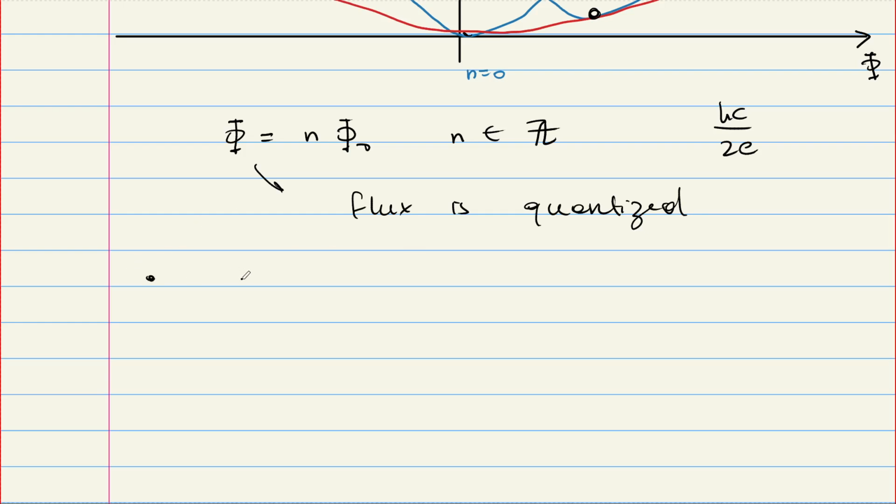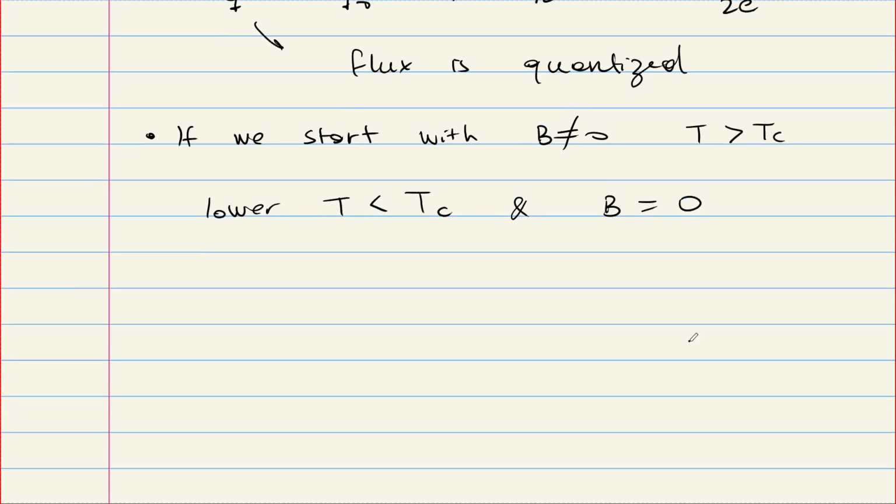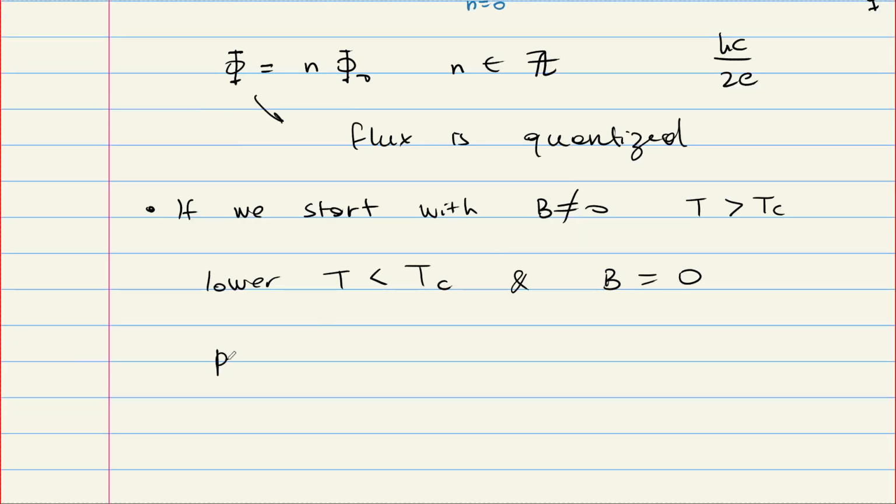So another thing we mentioned earlier: if we start with non-zero B and above Tc, and then lower the temperature, T less than Tc, now you are in the superconducting phase, and turn off B. Now because of the Meissner effect and the flux being constant, there has to be a persistent current.